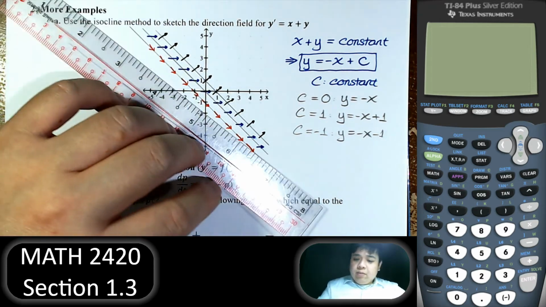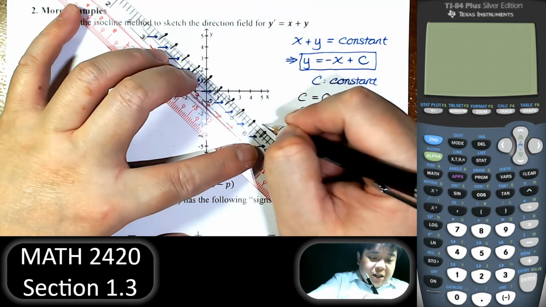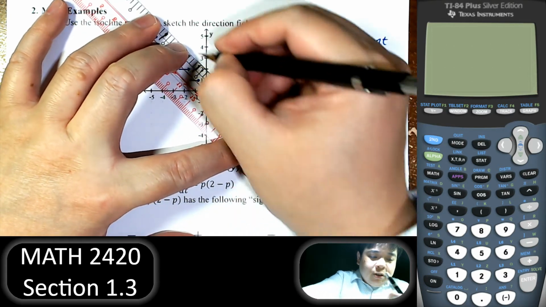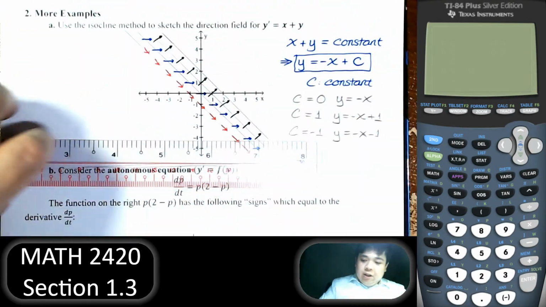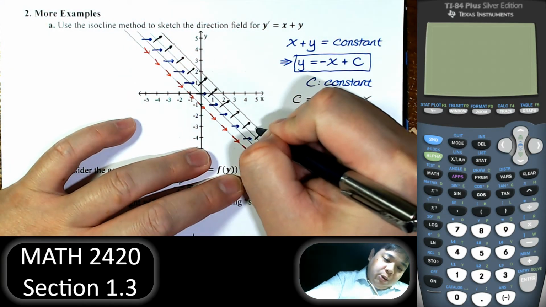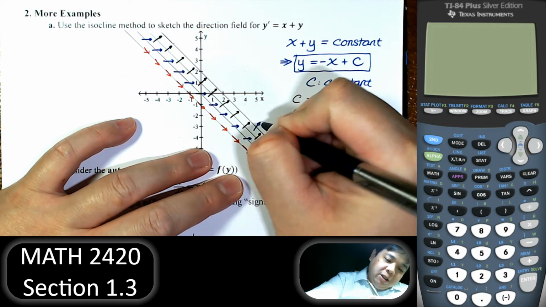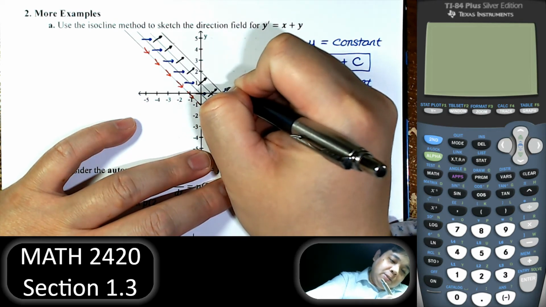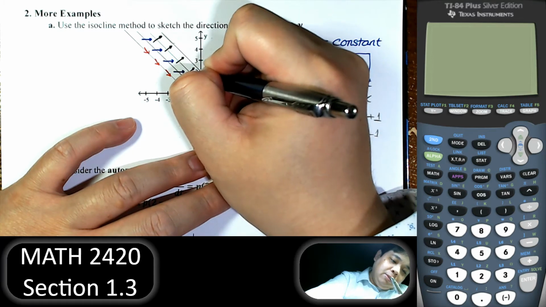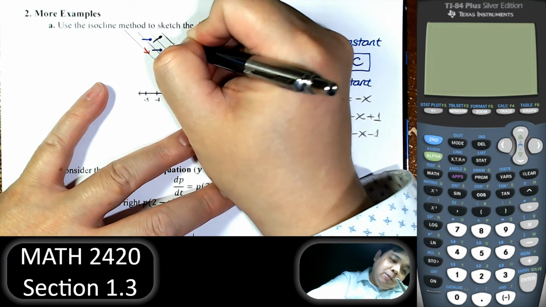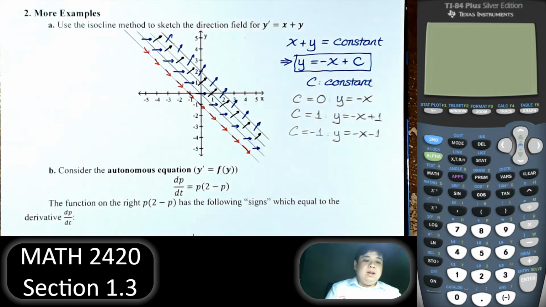Right. And I'll just keep doing that. Now when c equal to 2, slope equal to 2, a little steeper. And I will just keep doing that.